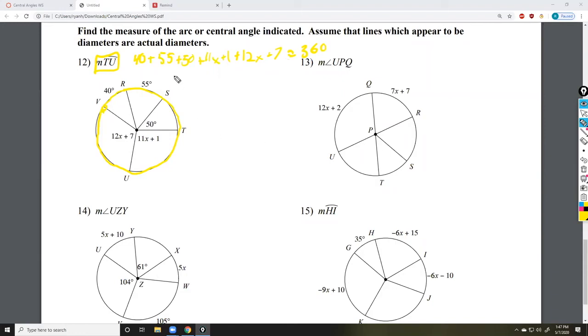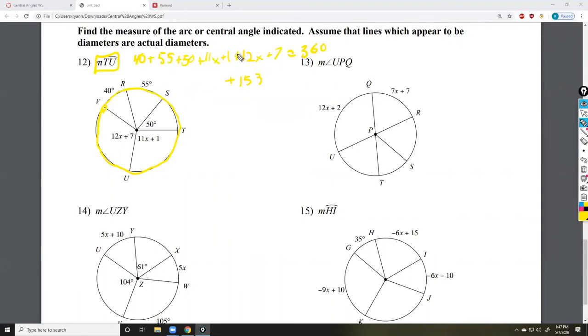So we're going to solve that equation. I'm getting that this is 153 when I add all these, because this is 105, 145, 146, 153.